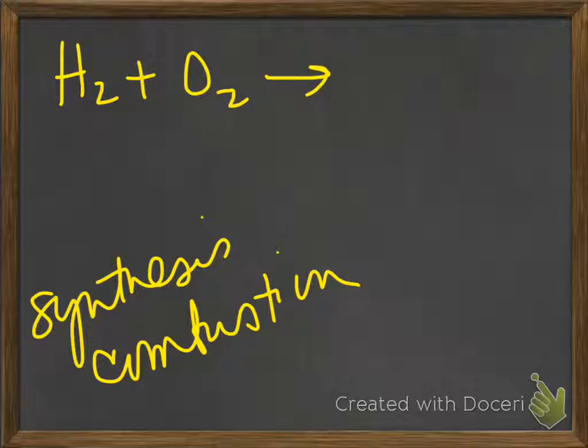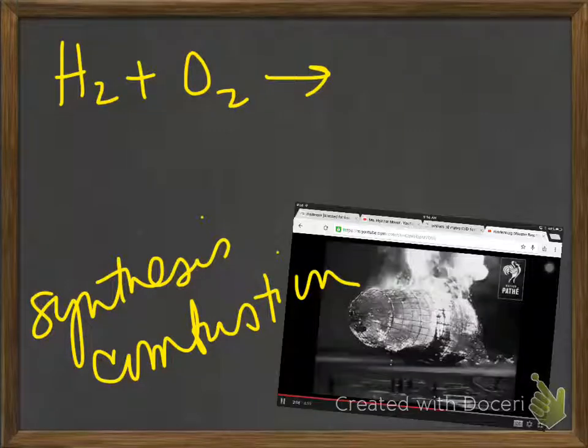Are you familiar with the Hindenburg? Yes, hydrogen is lighter than air, but holy moly, is it flammable. The Hindenburg was a giant combustion of hydrogen reaction. And it turns out there was a spark from the ground. Vehicles that travel through the air that have metal frames, such as airplanes, there's very often an electrical potential difference.